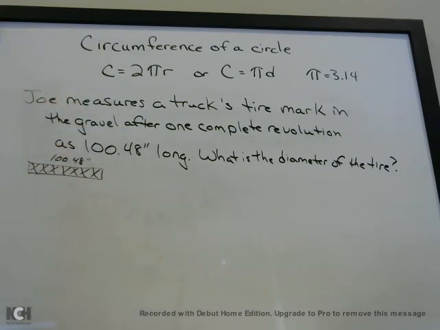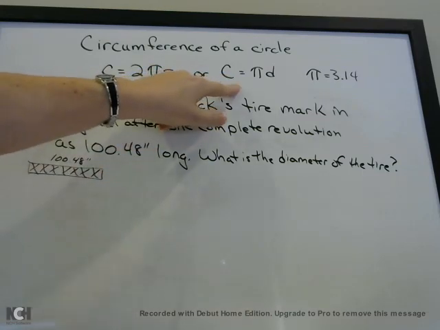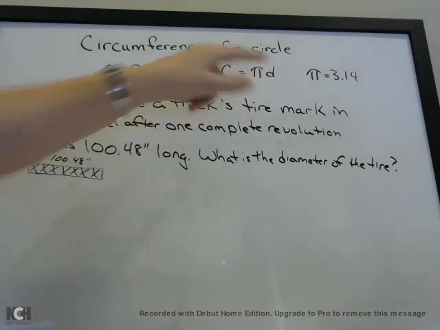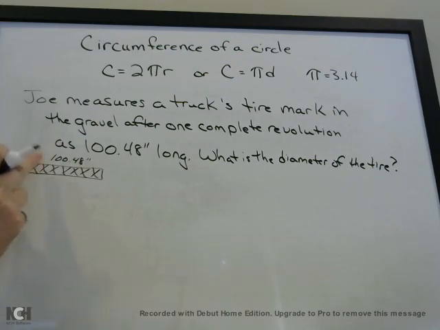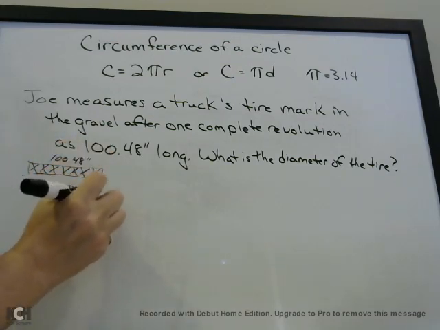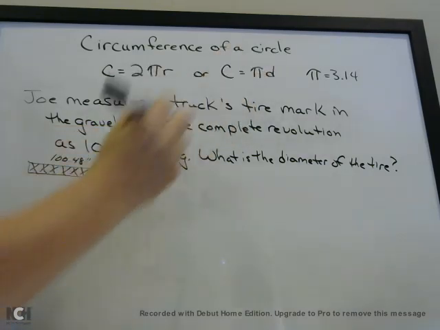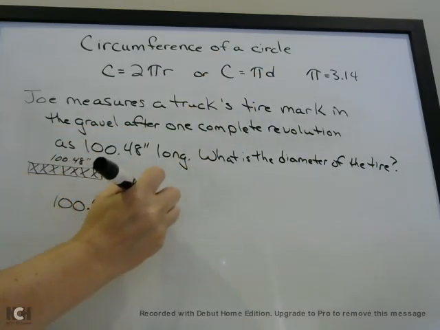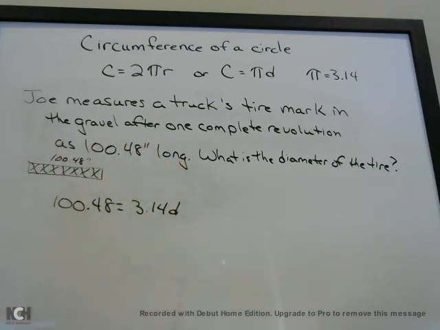So we know now that this is a circumference problem, and it's asking for the diameter of the tire. So we're going to go to this formula. They've given us the circumference, and now we need to find the diameter. So the circumference is 100.48 equals pi times diameter. Pi is 3.14. And now we have an algebra problem to solve for diameter.